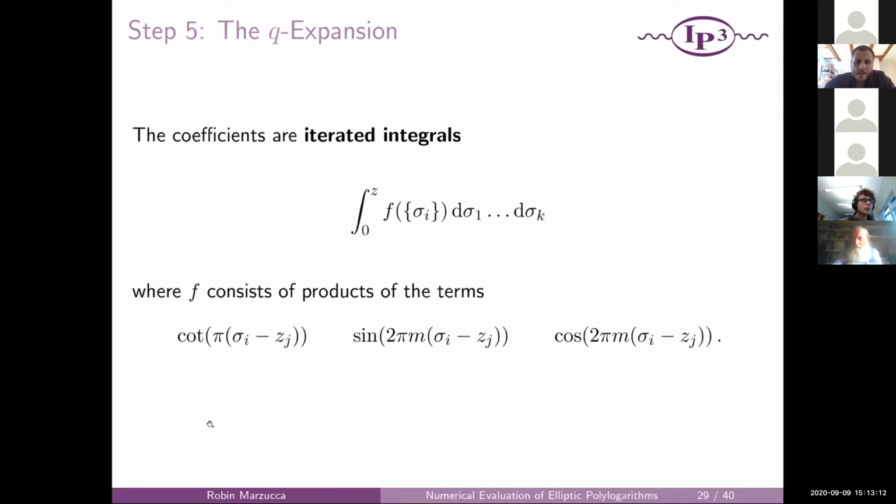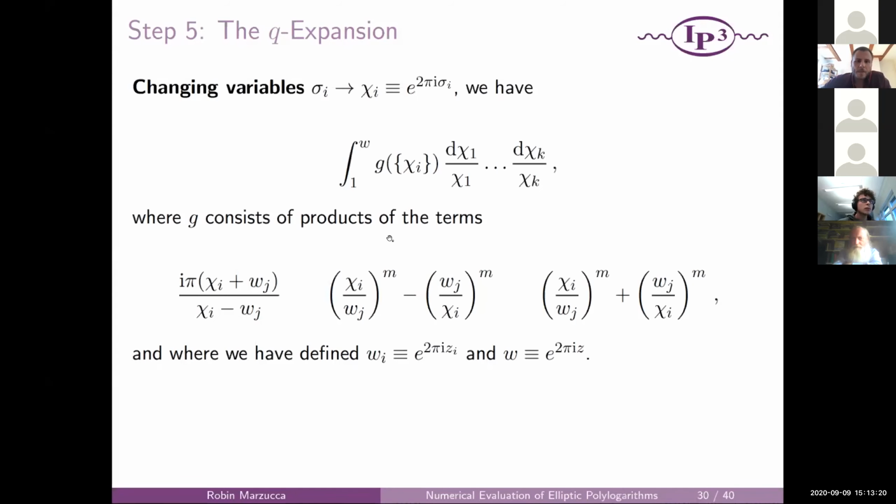Now, in order to perform these integrations, we want to change variables from these sigma i's to chi i, which is defined as e to the 2 pi i sigma i, and we're going to call e to the 2 pi i zi wi, and e to the 2 pi i z we're going to call w.